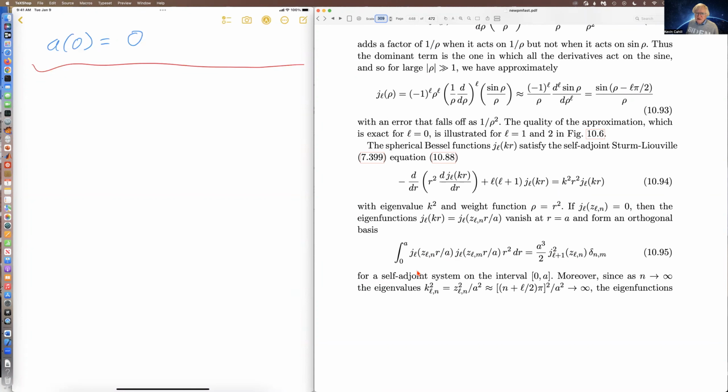Or rather, you can consider an interval here, 0 to a, and you can put the zeros of the Bessel function here as z. Well, we'll do this next time.